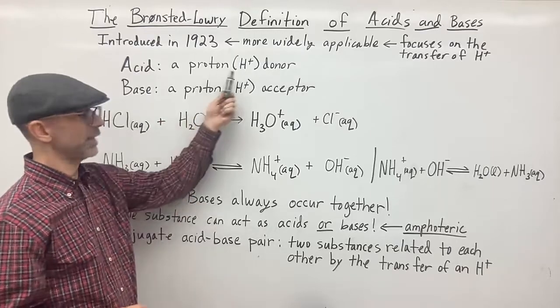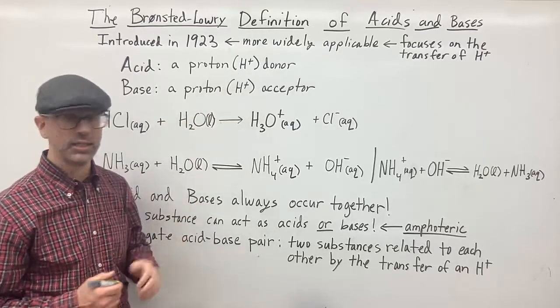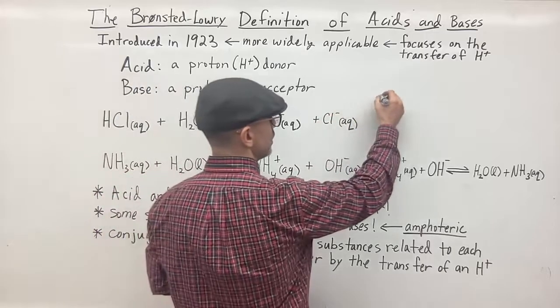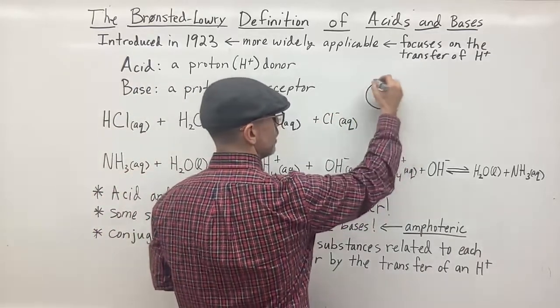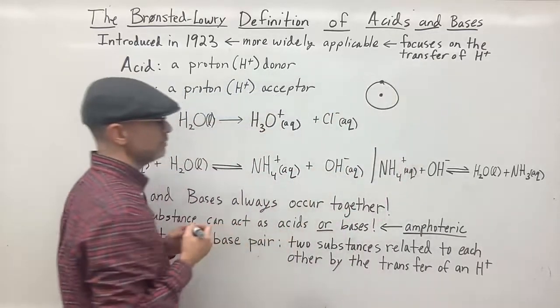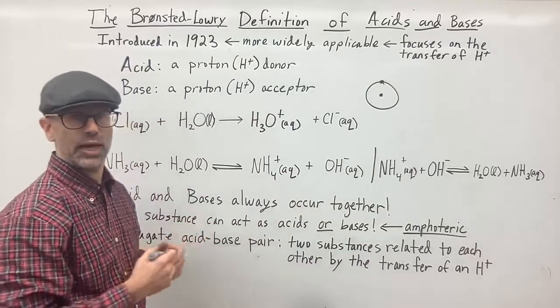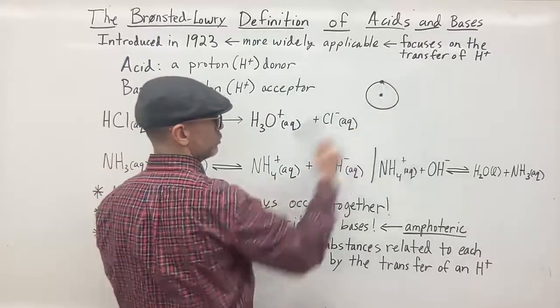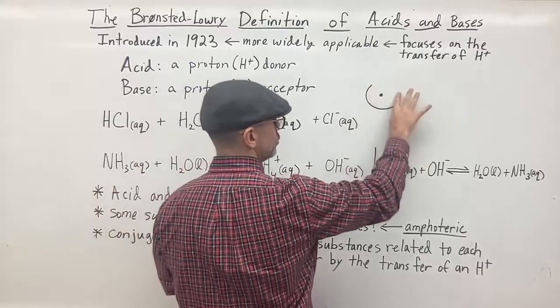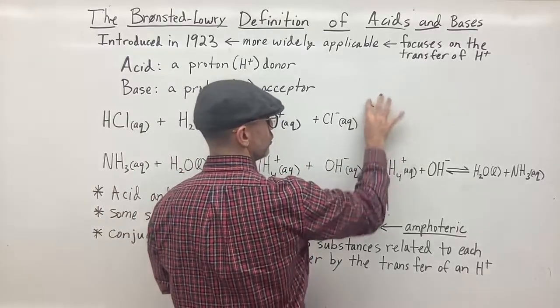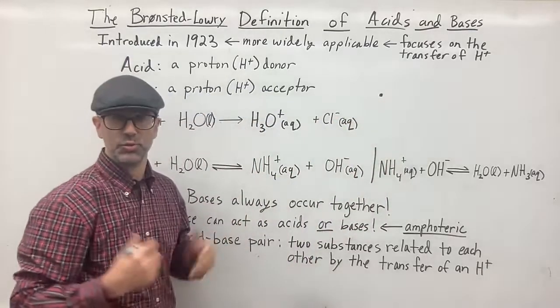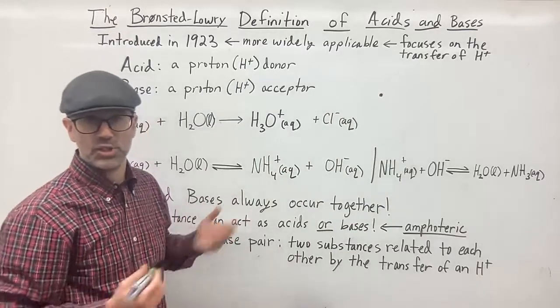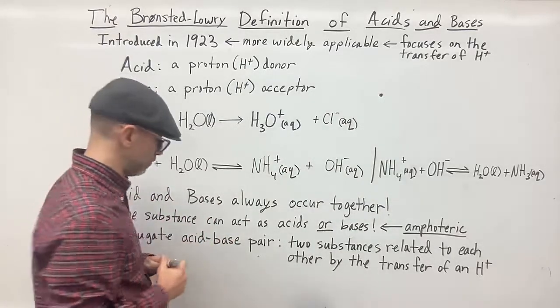We call the H plus a proton because hydrogen has one proton and one electron. If you get rid of that electron, then all you're left with is the nucleus, which is a proton. So we just call it a proton instead of H plus.